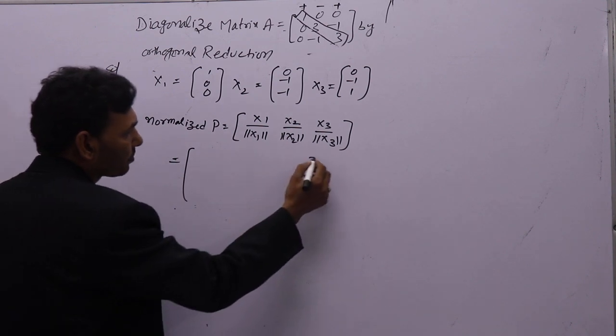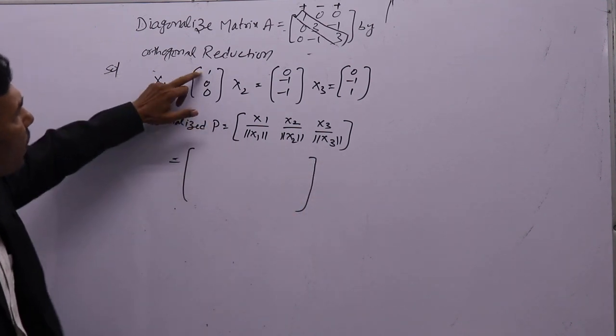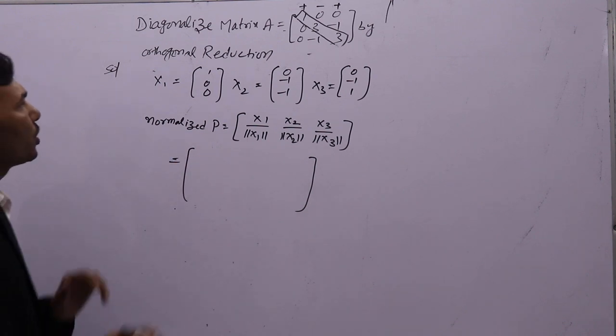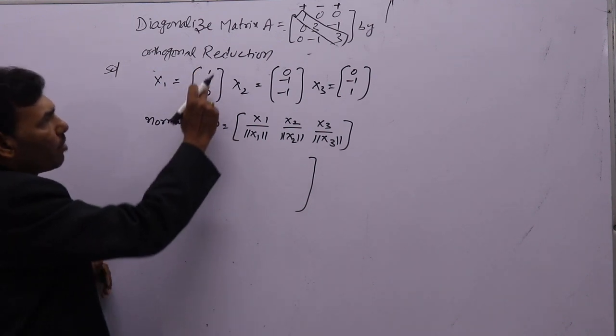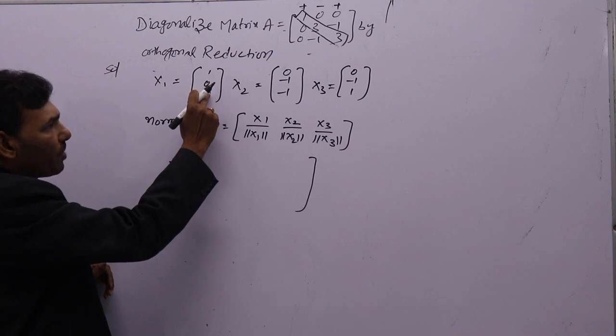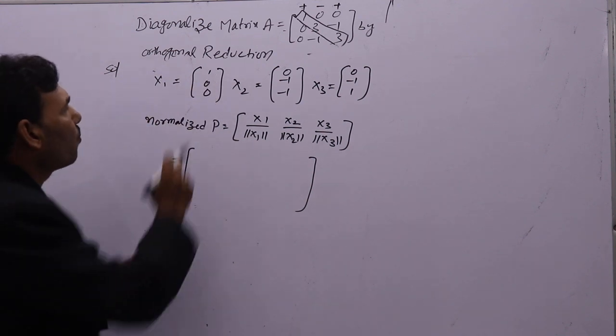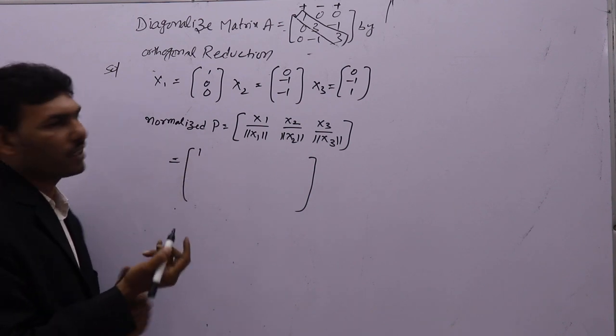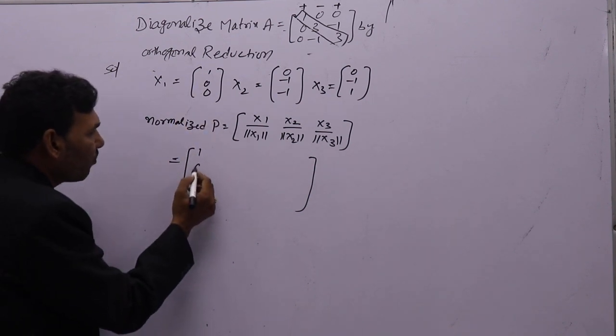Here x1 is 1, 0, 0. To write x1 by norm x1, you need to square all these three elements: 1 square plus 0 square plus 0 square. Square and add: 1 plus 0 plus 0, you will get 1. 1 by root 1 is 1. That's why you simply get the same 1.